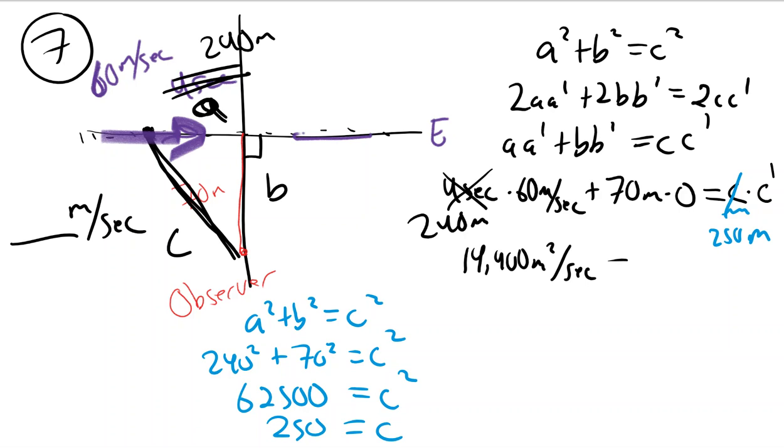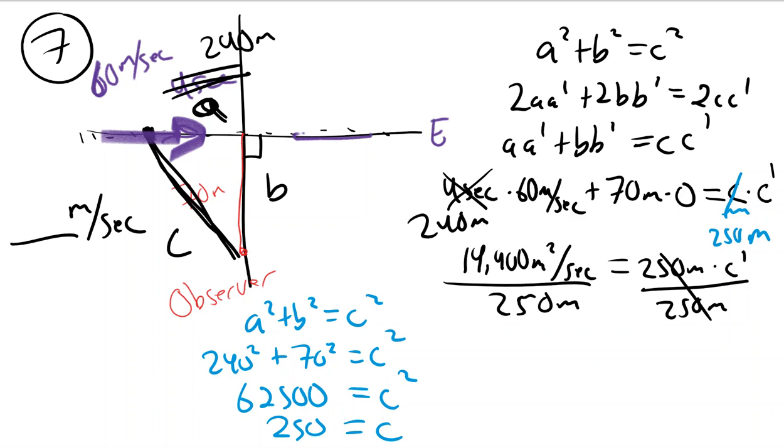This goes to 0. 250 meters times C prime. Divide both sides by that. I got 57.6, and meter squared divided by meters would be meters per second.